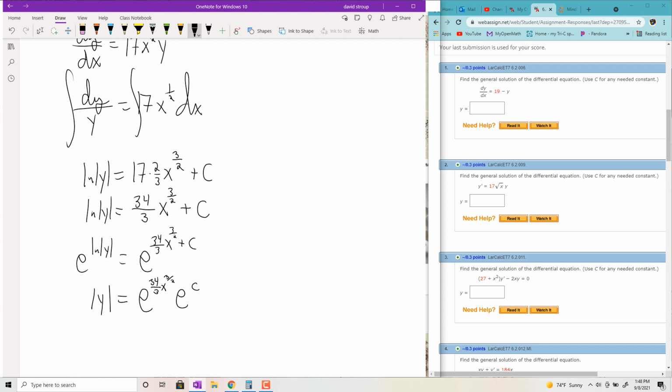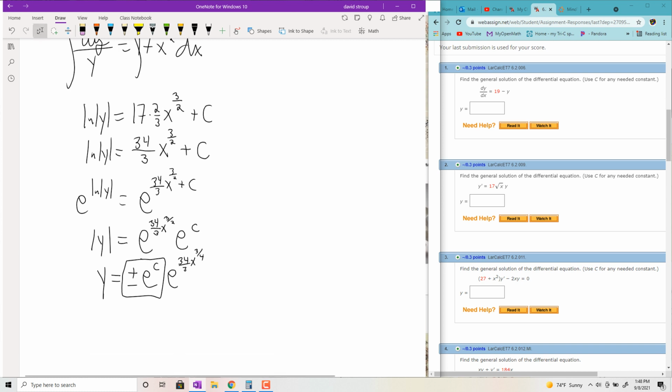Okay. Then I'm going to drop the absolute values. But if you drop the absolute values, you have to replace it with a plus or minus on the other side. Then I'm going to rewrite the order as e to the c times e to the 34/3 x to the 3/2. And then I'm going to replace this entire thing with a constant. Okay, so it'll look a little nicer now. y equals c e to the 34/3 x to the 3/2.